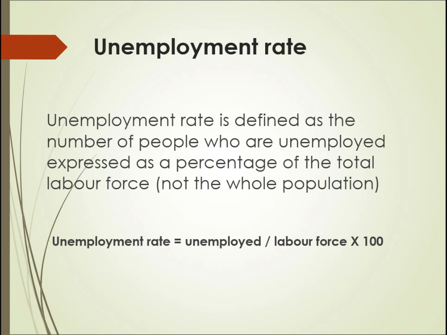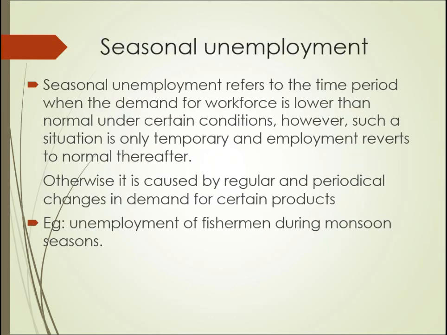Labor force means those belonging to the age group 16 to 65. Divided by labor force, times 100. The formula is unemployed divided by labor force times 100. By using that formula, we can calculate the unemployment rate of an economy.